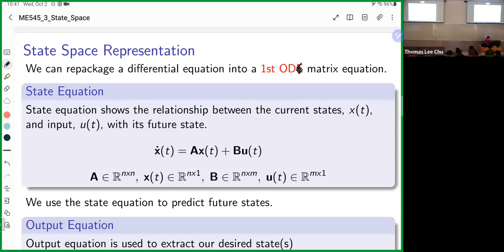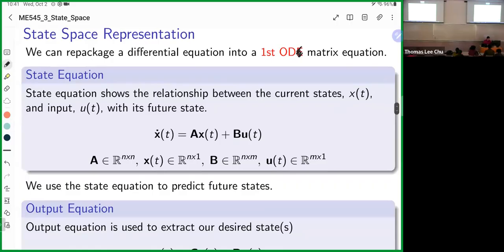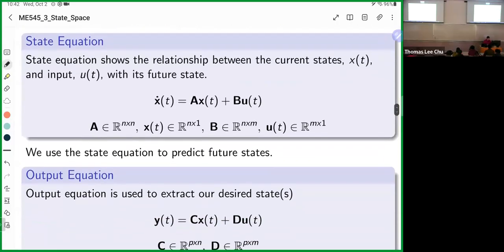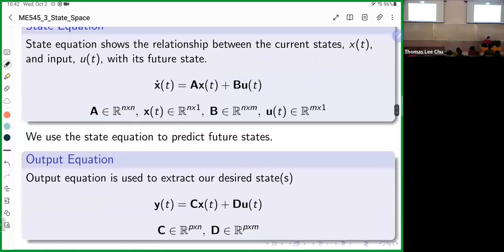So x dot, the derivative of our future states, is equal to A multiplied by x, our current states, plus B multiplied by u, our input. I'll go over what each of these stands for. Then we use the state equation to predict future states, and the output equation is used to extract our desired states.